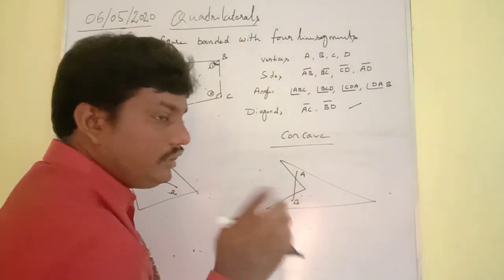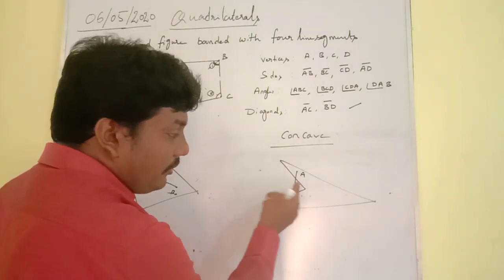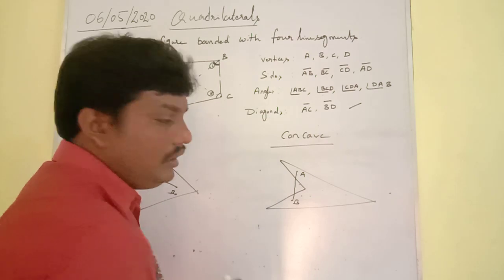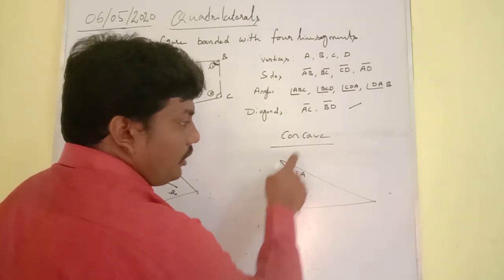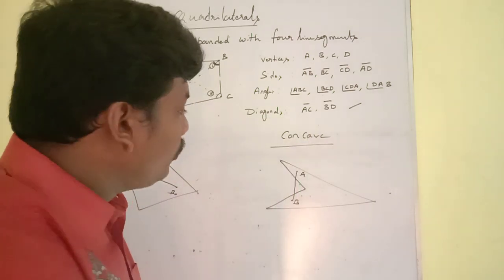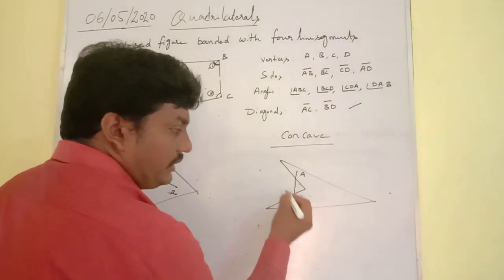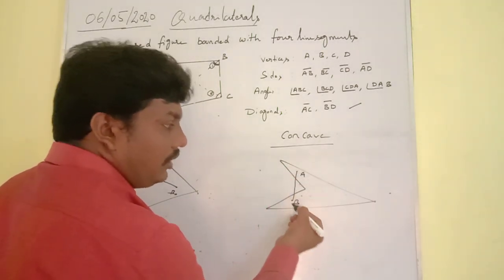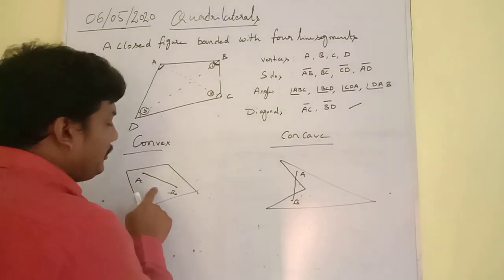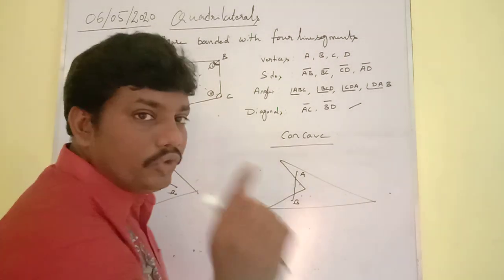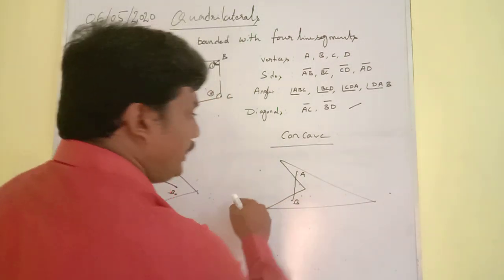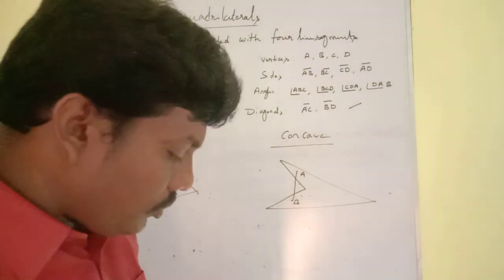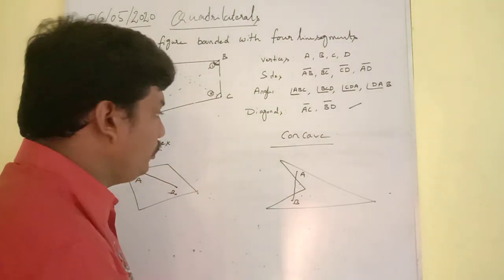If some portion of the line is outside the quadrilateral, then it is known as concave quadrilateral.